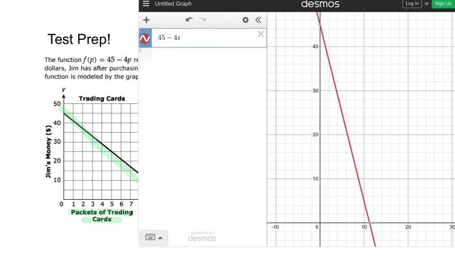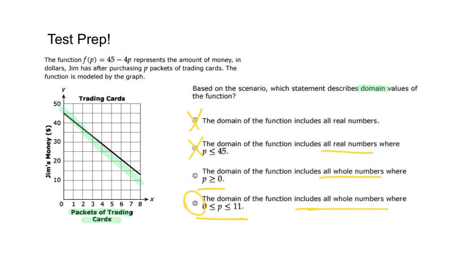You can see that the money runs out at 11.25 packs of playing cards. Now, obviously, you can't buy 11.25 packs of playing cards. So he would be out of money by the time he hit 11 packs. So 11 is the limit or the boundary on what's possible there. So D is your best choice on that one.